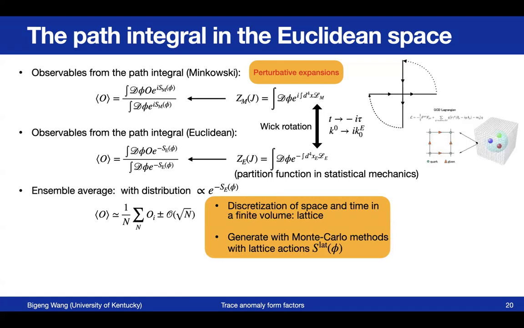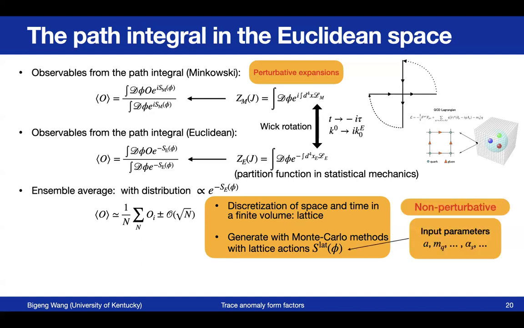On the other hand, we need to generate, using the Monte Carlo method, such an action, which reflects the physics of QCD. To do this, we need some input parameters, for example the lattice spacing, the quark mass, and the coupling that we have for a specific ensemble. But everything here is non-perturbative.